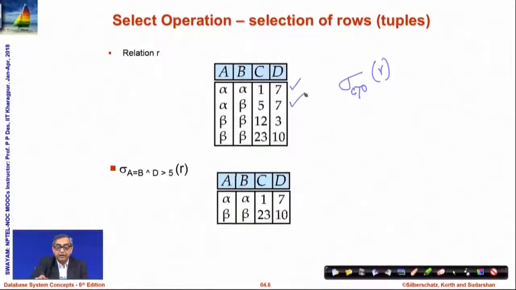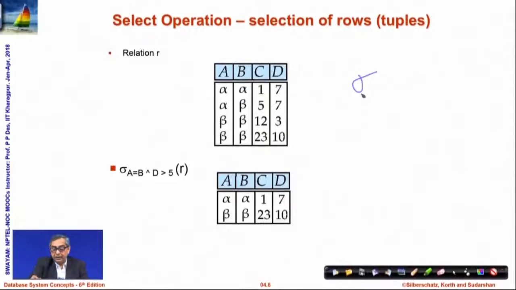Naturally, this will satisfy, this will satisfy, this will satisfy, this will satisfy. So, this whole relation would be the result of the selection. It is not necessary that some rows will get eliminated in the result.